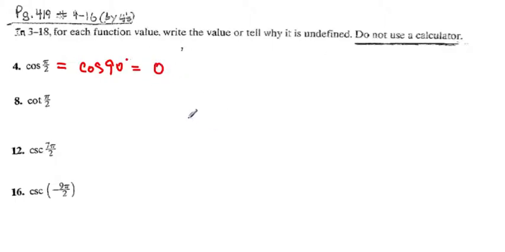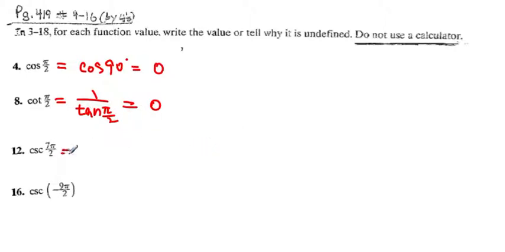So that becomes our answer. Cotangent of pi over 2, in fact, is the reciprocal of tangent. But tangent of pi over 2 is undefined. But in fact, for the reciprocal of undefined, we can assume that to be equal to 0.